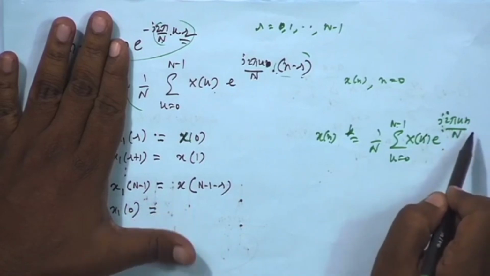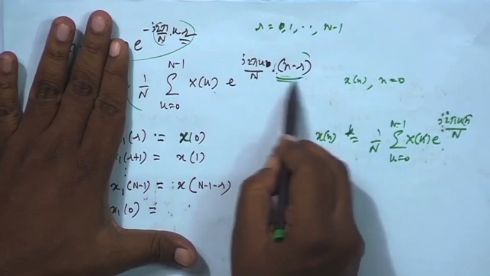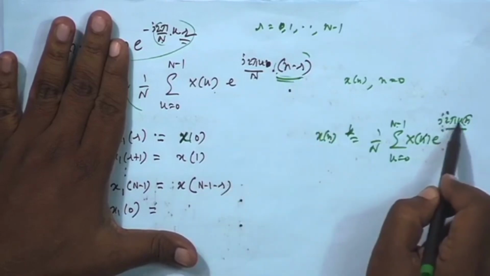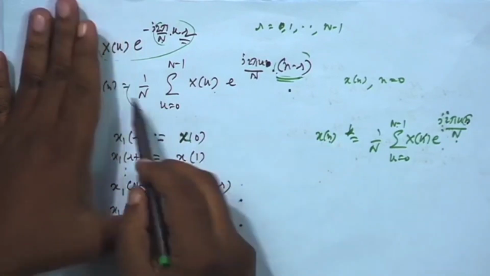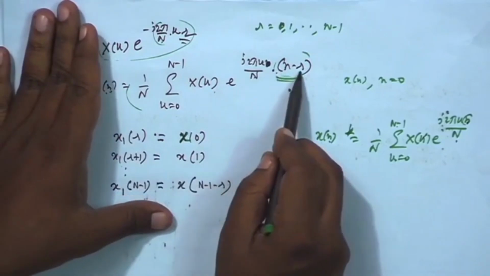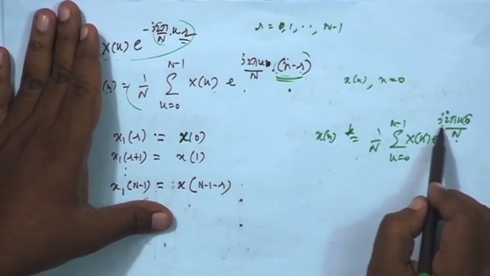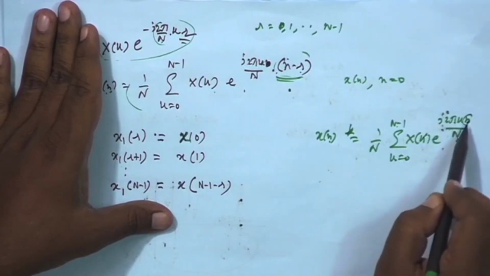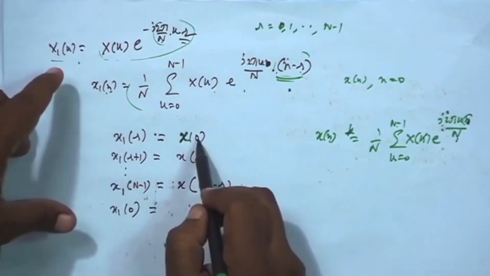But in this summation here, this index is becoming 0, that is as though 2 pi k into 0 by n. If this is 0, it is x 0, because for x 1 it is r, that means n is r here, but r minus r is 0. So, e to the power j 2 pi k into 0 by n means x 0, that is why x 1 r equal to x 0.